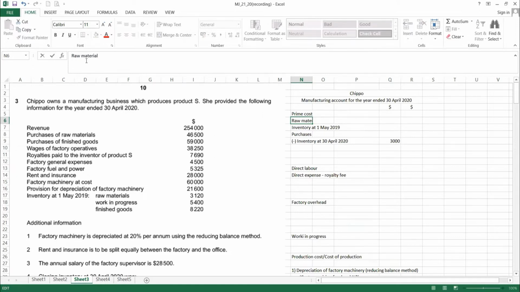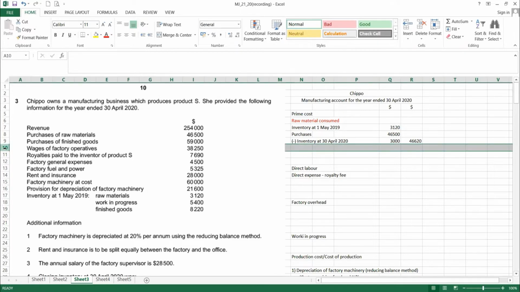Okay, I'll put the other in the back. Consume. Okay, raw material consumed. So this is one of the items you need to calculate. So inventory beginning 3120. Purchases of the raw material 46500. So we take opening plus purchases minus closing, we get the raw material consumed. So this is number 1.